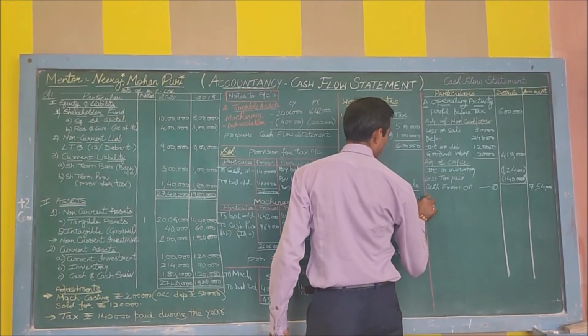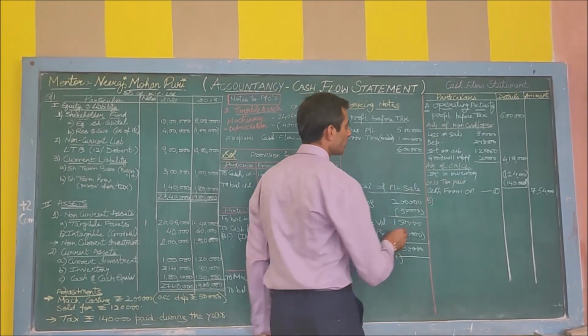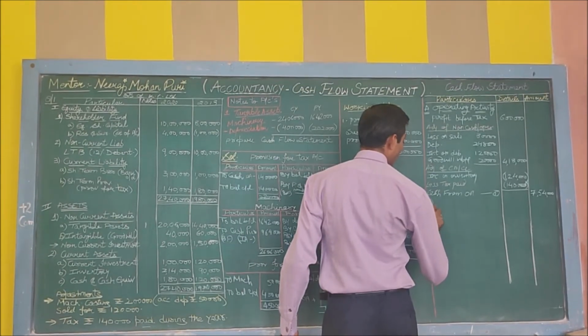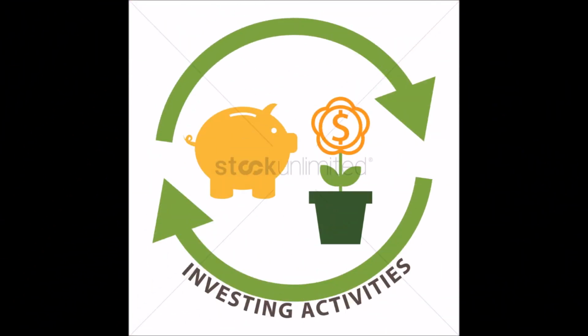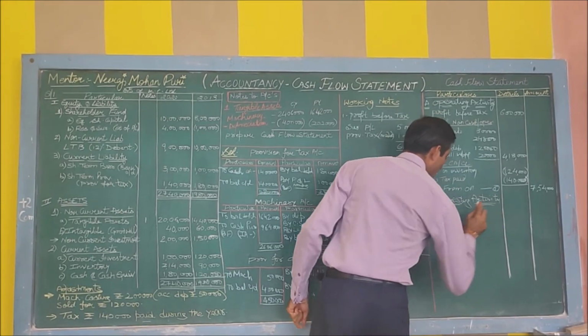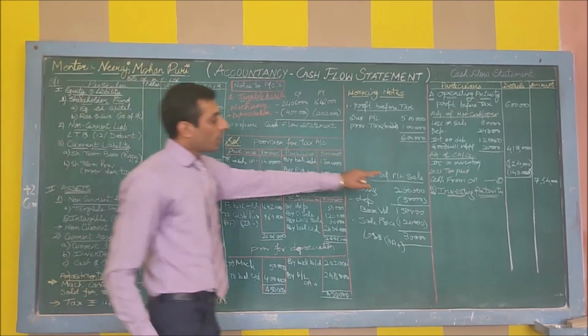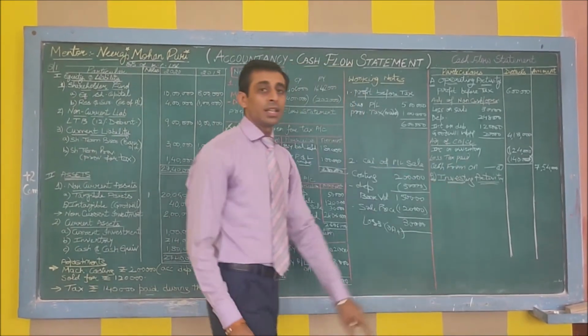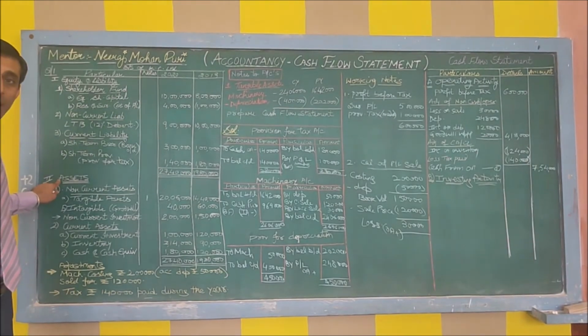This will continue. Leave one line and give the title B. This was the first activity. Now we have a second activity. The second activity's name is investing activity. Double underline it to highlight it and make it presentable. Items of investing activity are found only on the asset side of the balance sheet.